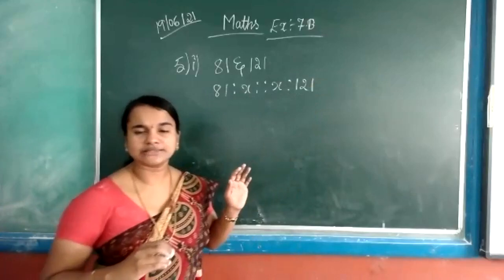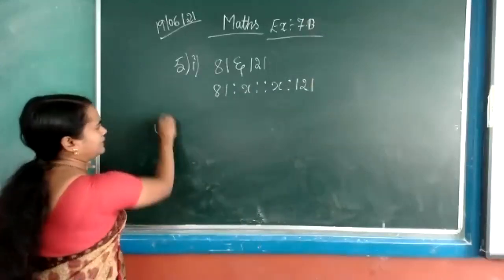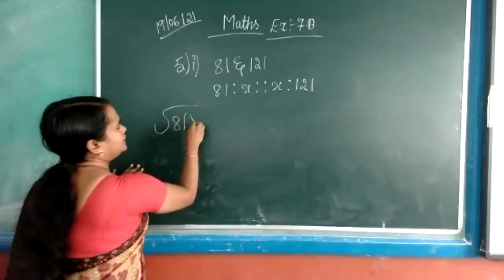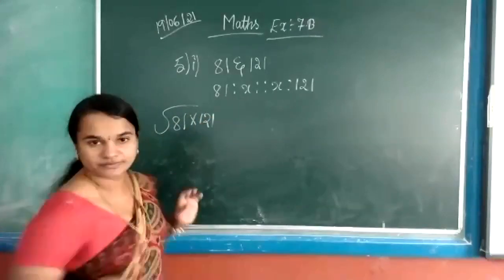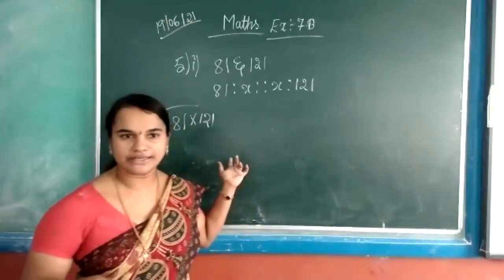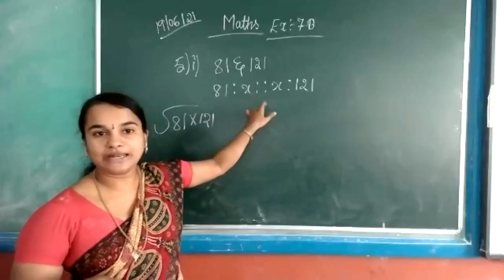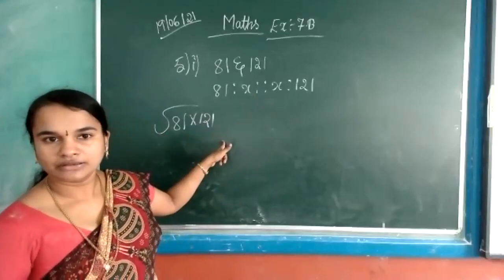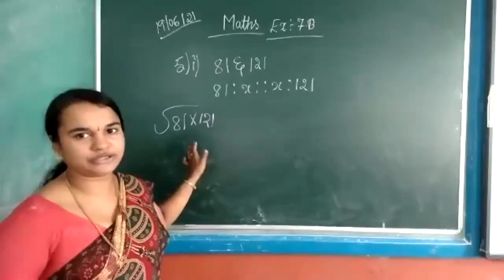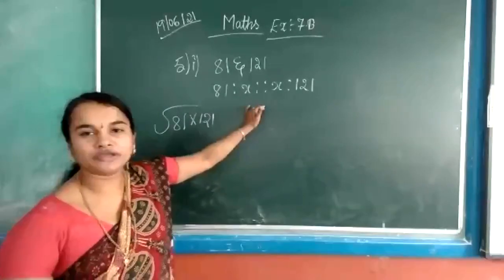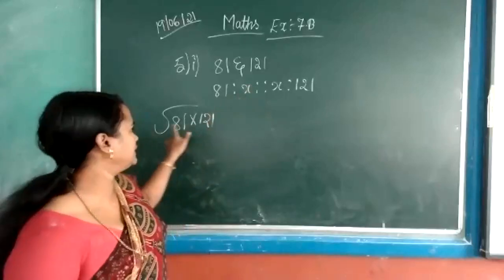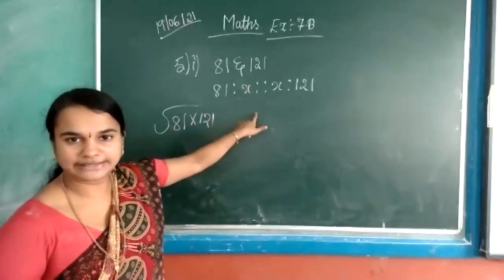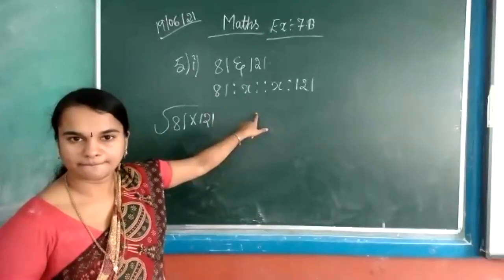Children, do it like this. In the book it is directly given as under root 81 into 121, so you will get confused how we are getting it. So I am doing the detailed method here. That method in the book is also correct, you can follow it, but to make you understand properly how we are getting the under root, I am doing the detailed method here.